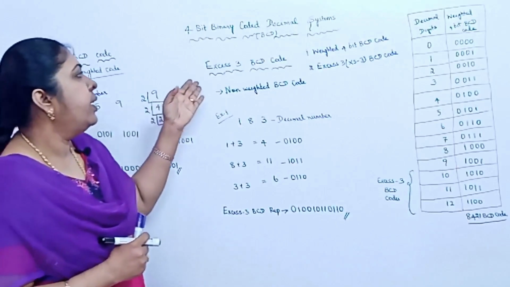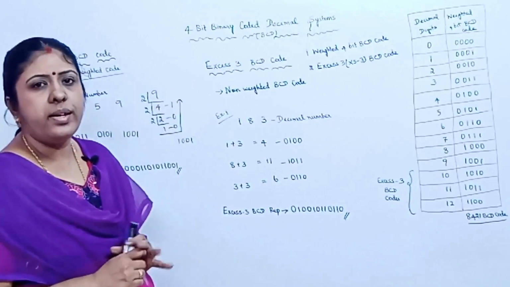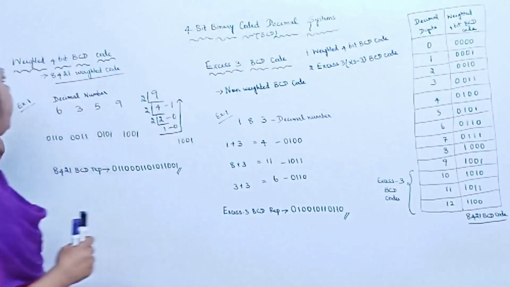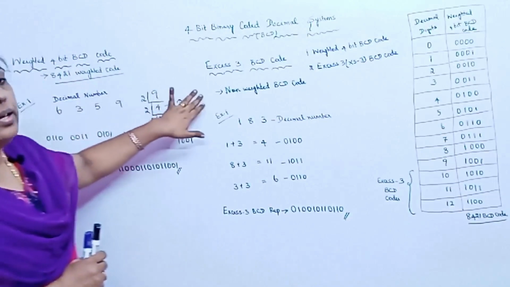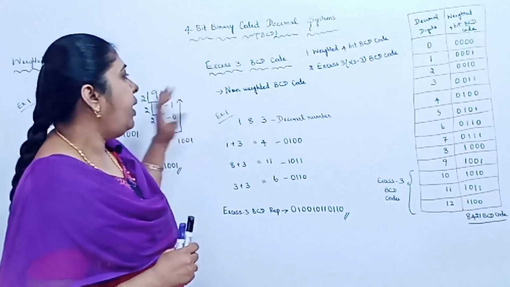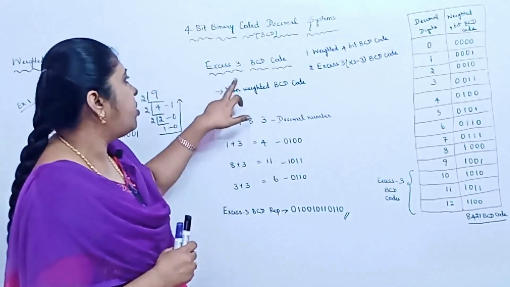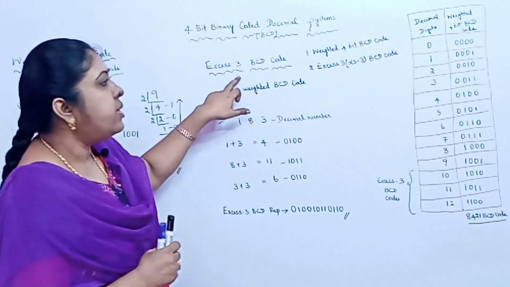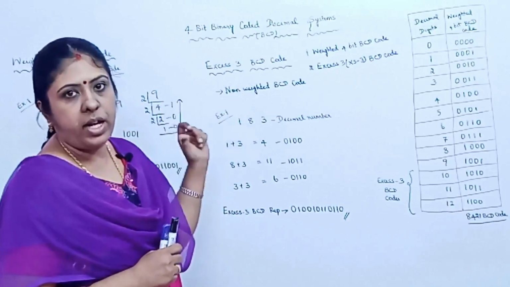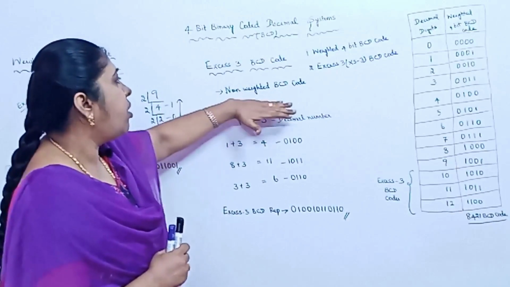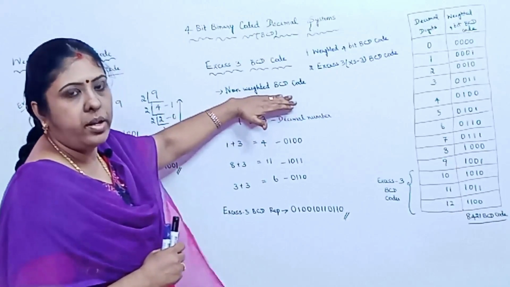Now consider the XS3 BCD code. There is a small difference between a weighted 4-bit BCD code and an XS3 BCD code. Here the base idea is we want to convert the decimal number to the XS3 BCD code. Since it does not contain the positional values of each digit, it is called a non-weighted BCD code.